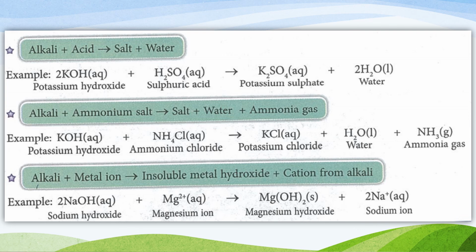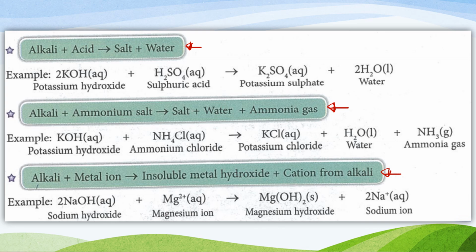Again, please remember the general equation for each of the three reactions involving alkali. I hope you still remember what alkali means. The reaction between alkali and an acid will produce salt and water. The reaction between alkali and ammonium salt produces salt, water, and ammonia gas.